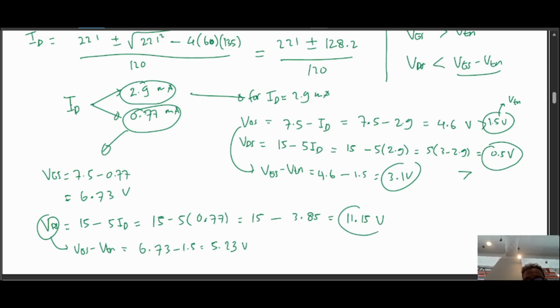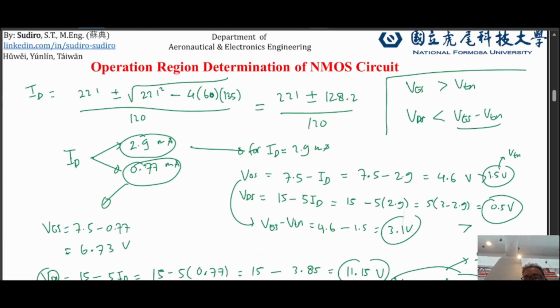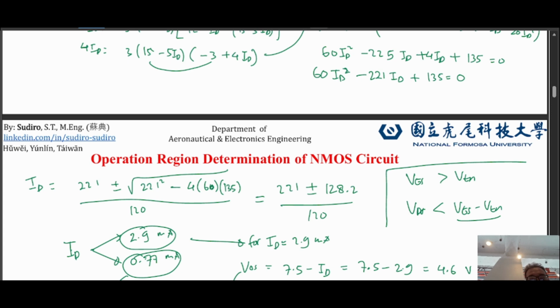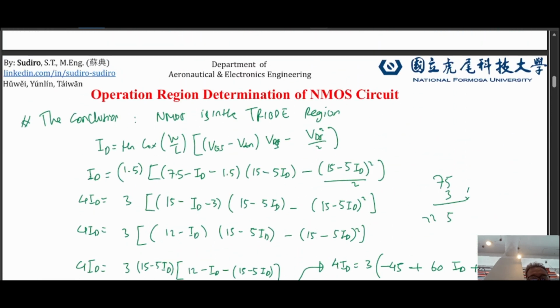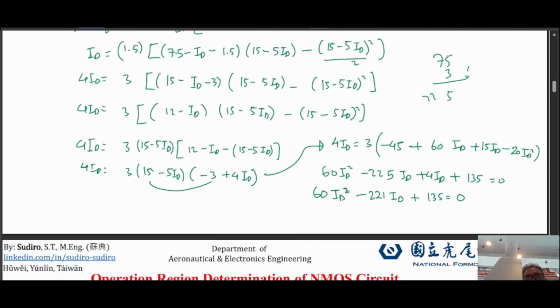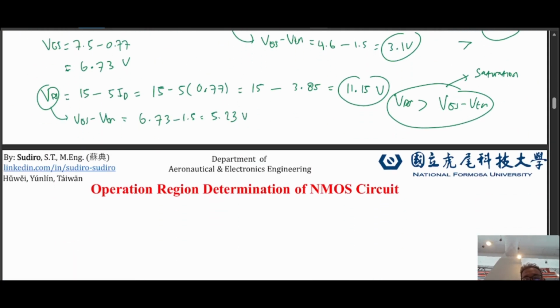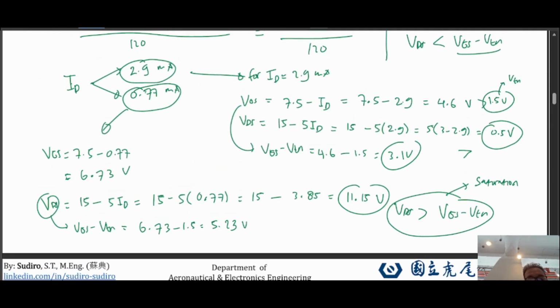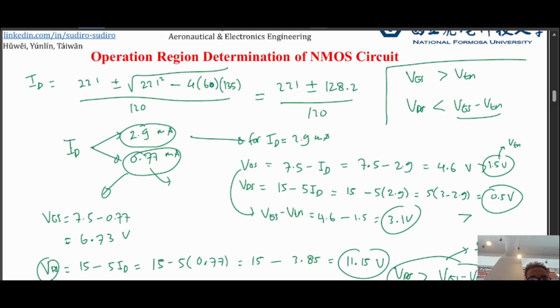We can see that VDS is greater than VGS minus VTN. This is the requirement of the saturation. But the calculation comes from the triode region. So from this, we can conclude that this is violated, but the other one is satisfied.